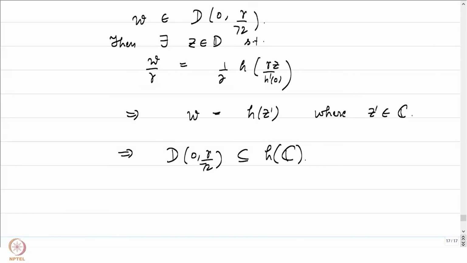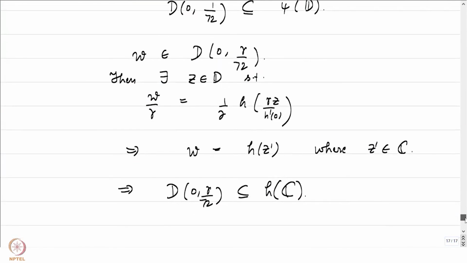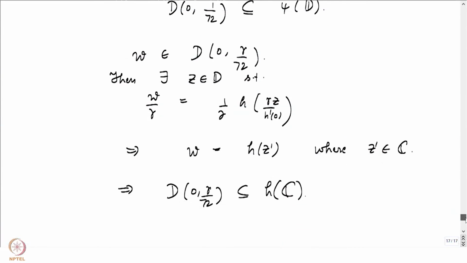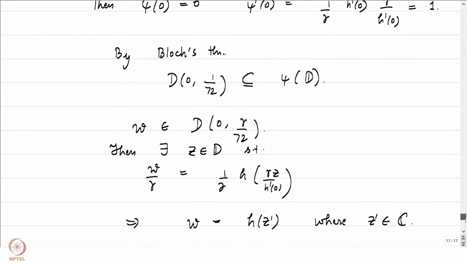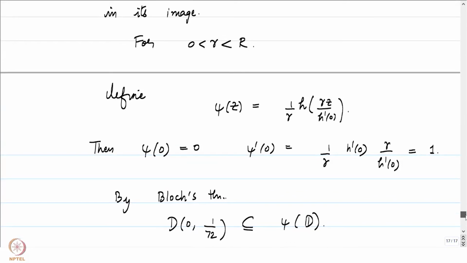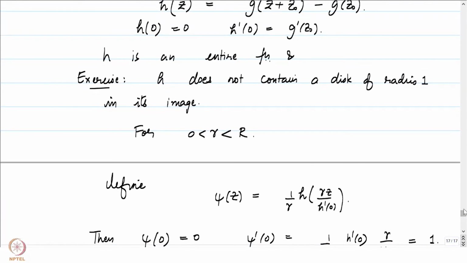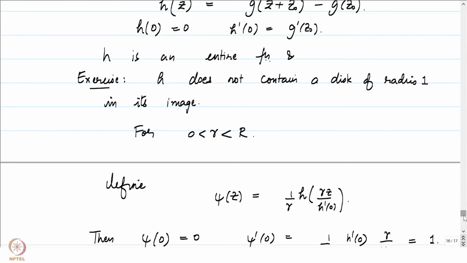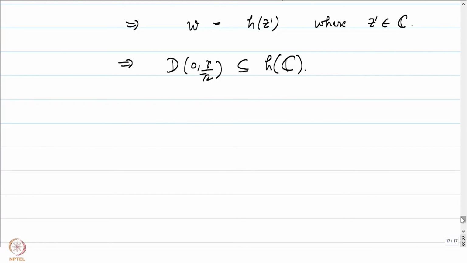But R was taken to be arbitrary. For R large enough, R by 72 is going to be greater than 1, and that's going to be inside the image of H. But that's a contradiction, because the moment we have a disk of radius greater than 1 sitting inside the image of H, by this exercise there will also be some disk of radius greater than 1 sitting inside the image of G, which is a contradiction.